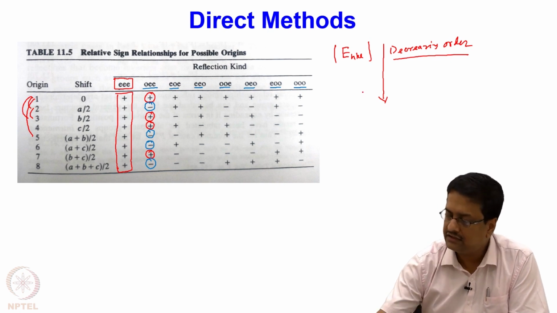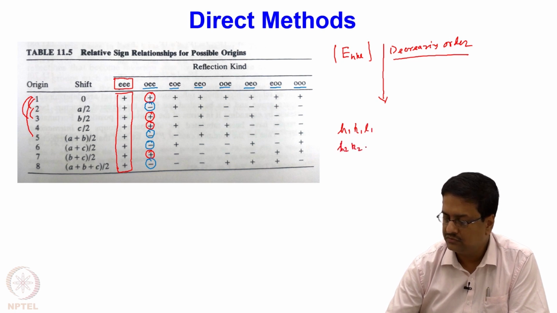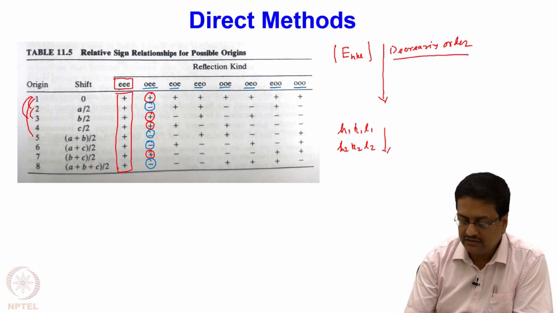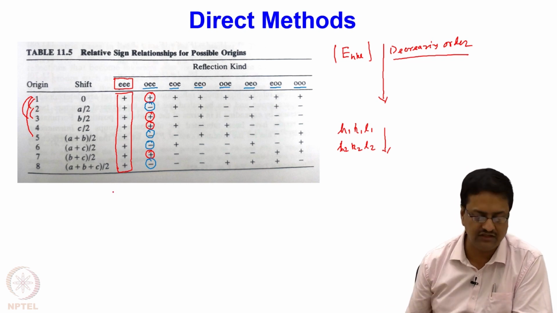And then identify some reflections H1, K1, L1, H2, K2, L2 from top to bottom, and then arbitrarily first assign their phases to be either positive or negative.